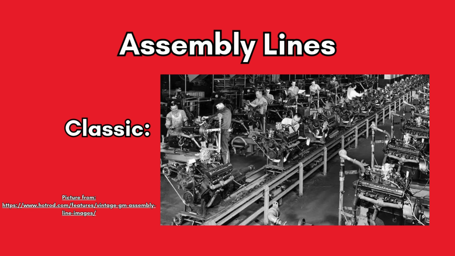Right here, this is one of the first assembly lines around, when they were producing the Ford Model T. You can see people working in groups, all making the same product. With the classic assembly lines, it was manual. People moved the product by hand, but as you will see in the next slides for the next types of assembly lines, it's different.